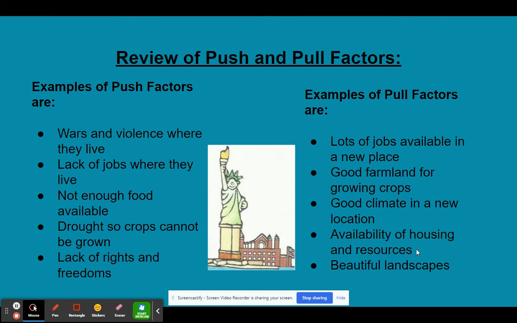There might be a lot of housing and resources available there that people would find useful, or it might just be a beautiful place to live, and that can pull people there. In the picture, we see the Statue of Liberty because this is one of the places in the United States where a lot of people have immigrated. This statue represents them.